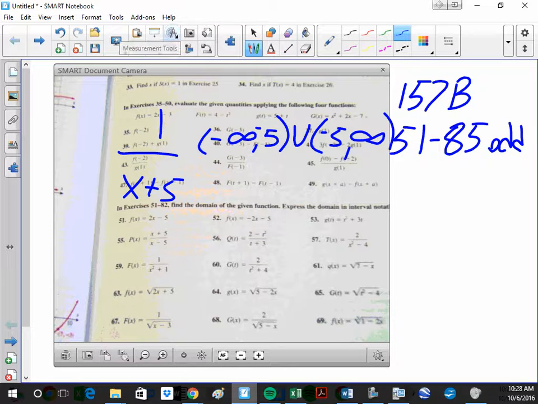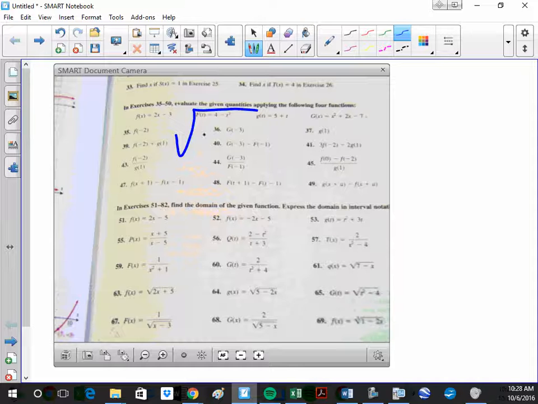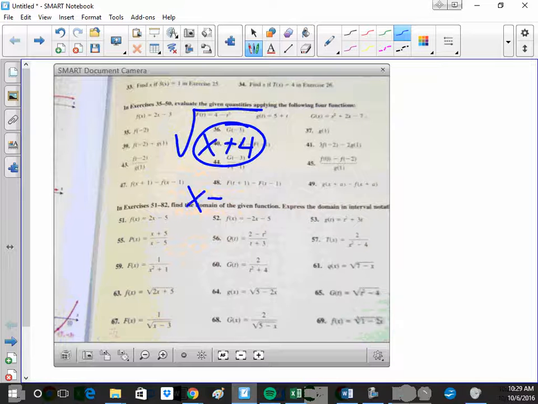Okay. What about this? The square root of x plus 4. The stuff on the inside has to be non-negative. So you could say this, if that has to be non-negative, let's just say x plus 4 must be greater than, equal to 0, or not equal to 0?